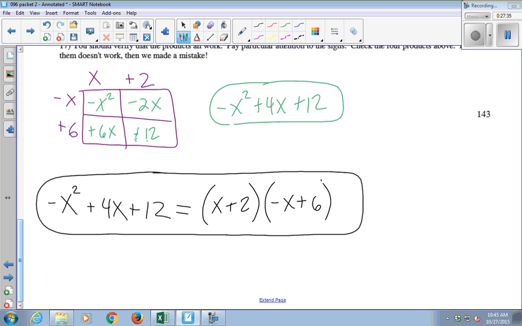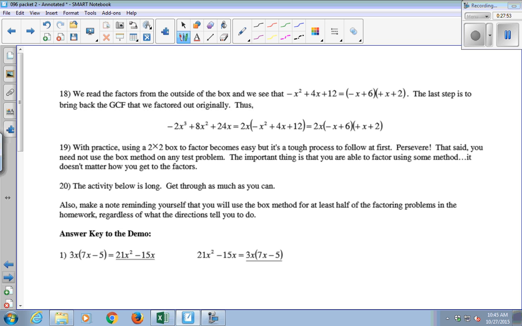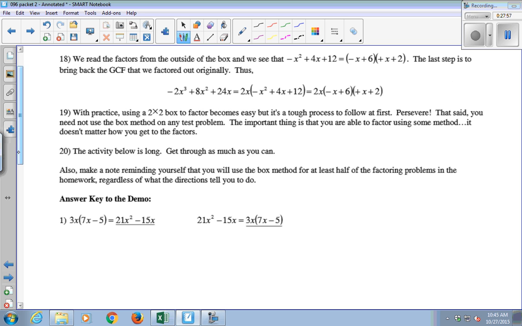Rewrote negative x squared plus 4x plus 12 as a multiplication problem. x plus 2 times negative x plus 6. Okay, almost there. We read the factors from the outside of the box. Oh, right, this is what I just did. I just wrote it as final.